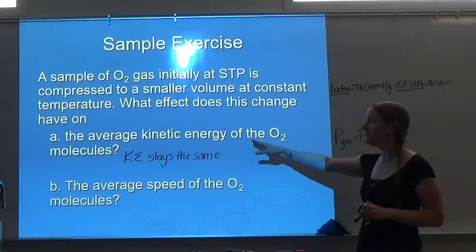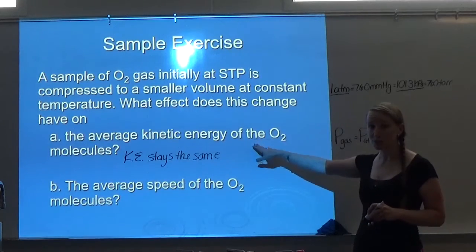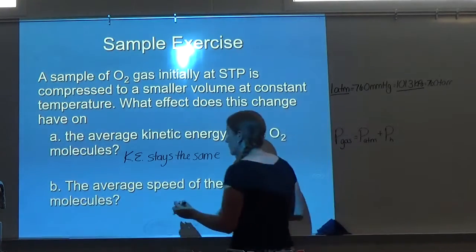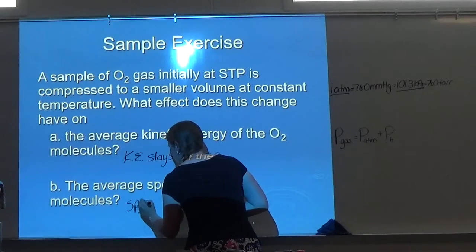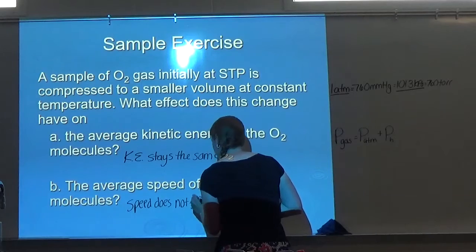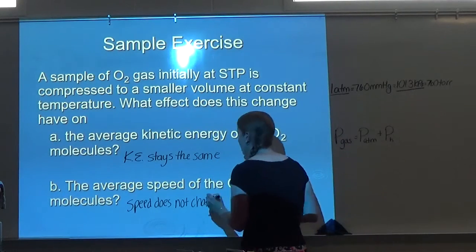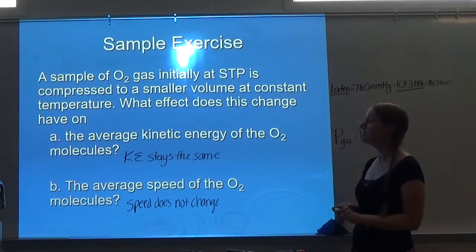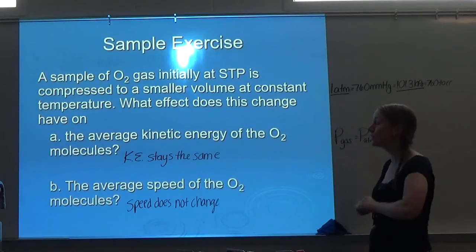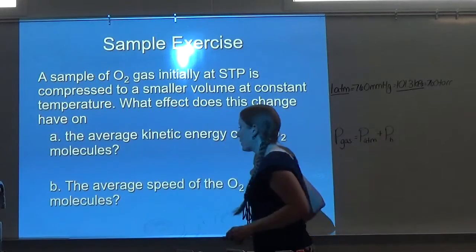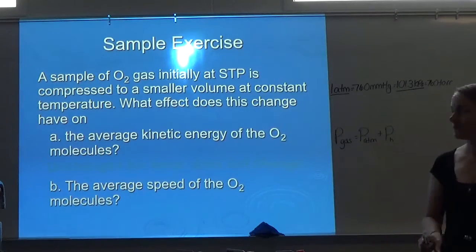Well, remember, the speed is based on the kinetic energy, which is based on the temperature, which remained constant. So the speed does not change. Both of these are related to temperature. So unless it tells me temperature changes, those are not going to change. All right, so same question, but there's a couple more parts on the next slide.